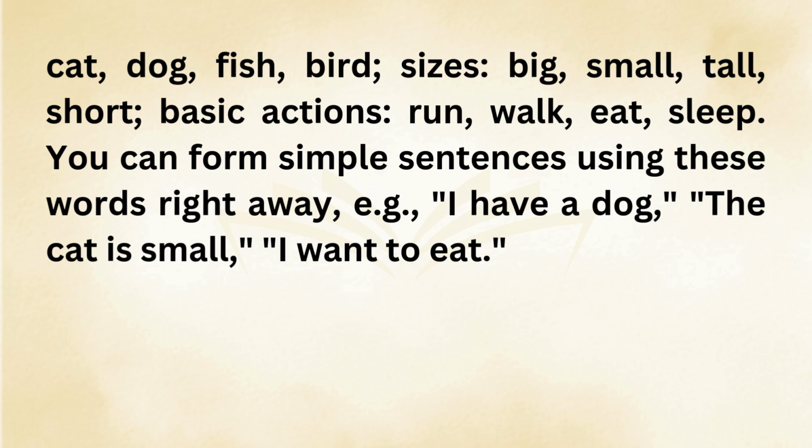For example, animals: cat, dog, fish, bird; sizes: big, small, tall, short; basic actions: run, walk, eat, sleep. You can form simple sentences using these words right away, e.g., I have a dog, the cat is small, I want to eat.